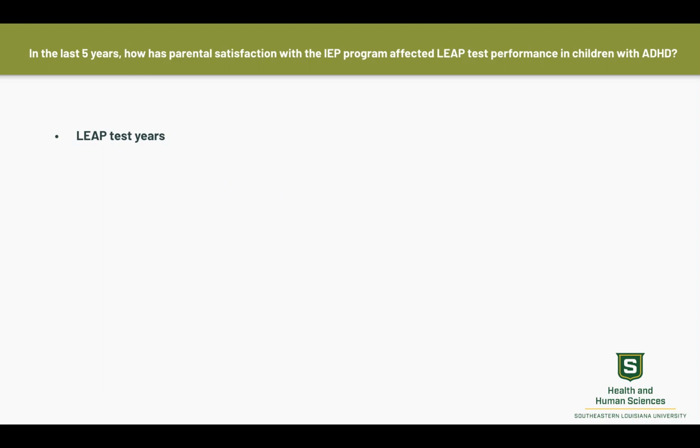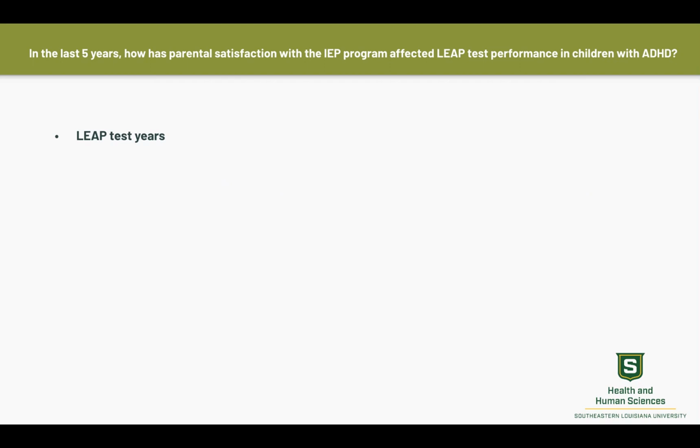The third variable would be LEAP test years. The reason why this is a relevant variable is because, remember, the research question asks about the last 5 years. So we are going to want to capture information that tells us something about what is happening in the LEAP scores in the last 5 years.